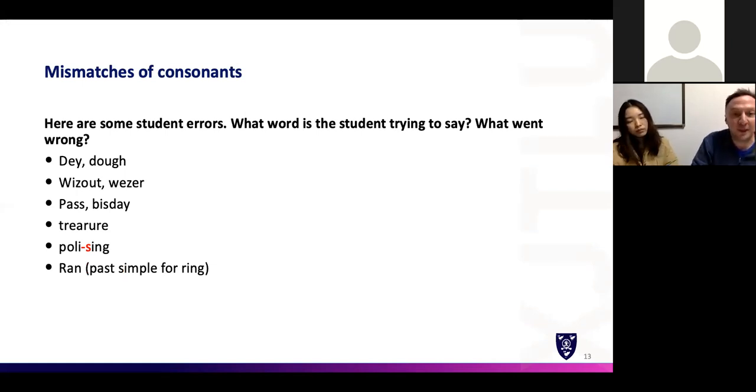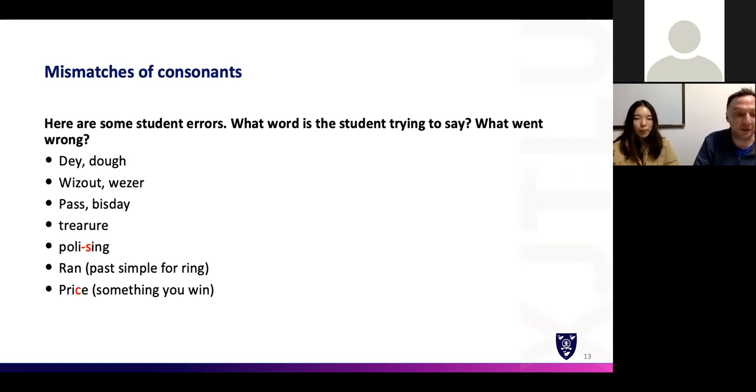Similar to before, the student wanted to say rang, the telephone rang, but said ran. What happened there? In that case, the n sound became just an n sound. Something you win. They wanted to say something you win, but they said price instead.